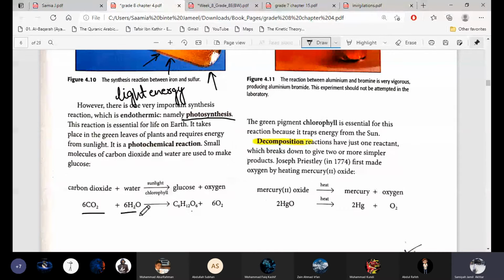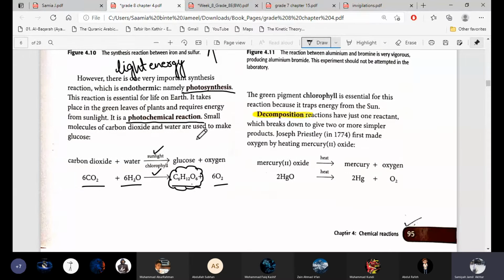They need carbon dioxide, water, sunlight, and chlorophyll to absorb that sunlight, and it will form glucose plus oxygen. This is a type of synthesis reaction in which the main product is glucose, which the plants need. This is also known as a photochemical reaction, which needs light energy for the reaction.